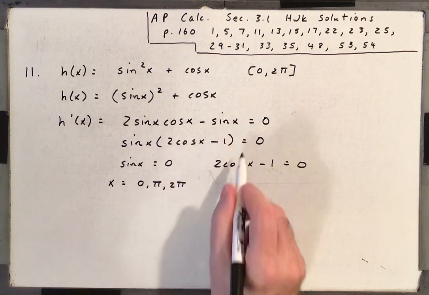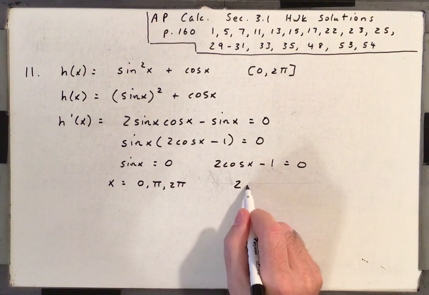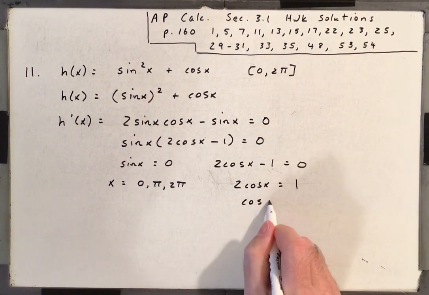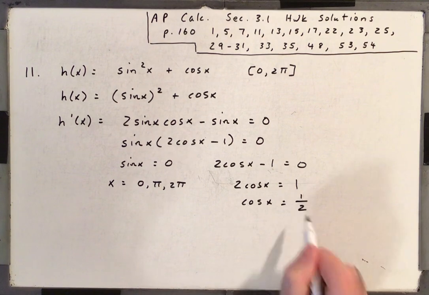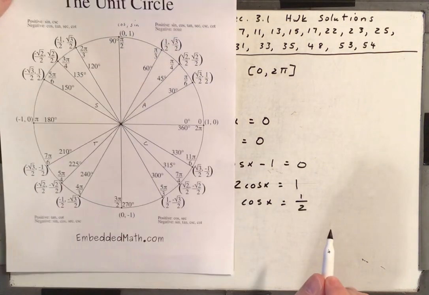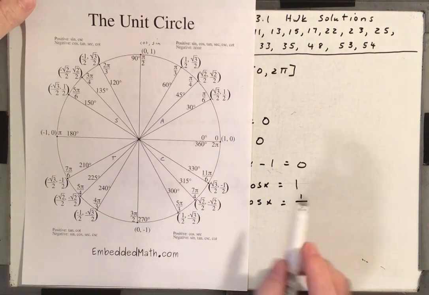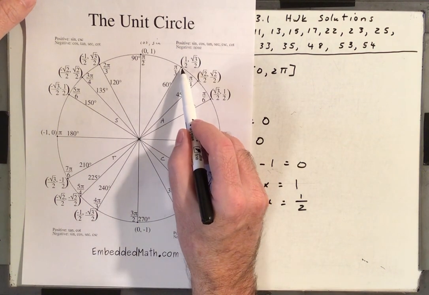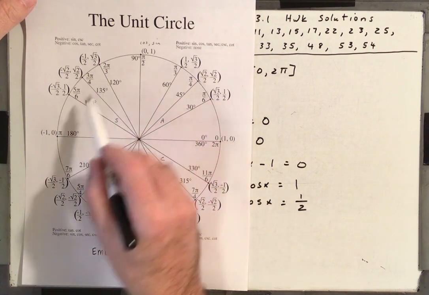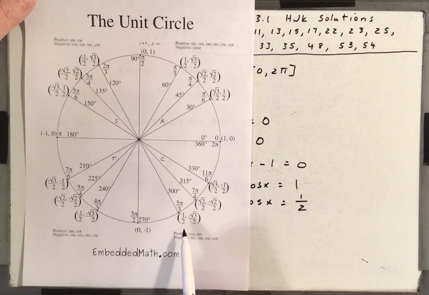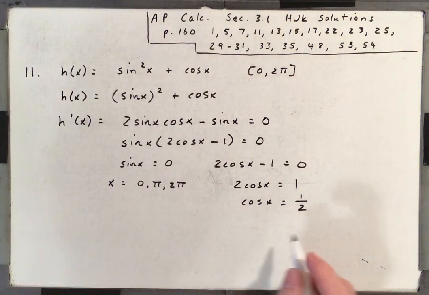For this side of the equation, where does that equal 0? Well, let's say 2 cosine x equals 1. So where does cosine x equal 1/2? All right, looking at the unit circle, remember cosine is the x-coordinate, so it's equal to 1/2 at pi over 3, nothing in quadrant 2, nothing in quadrant 3, and it's also 1/2 at 5 pi over 3.